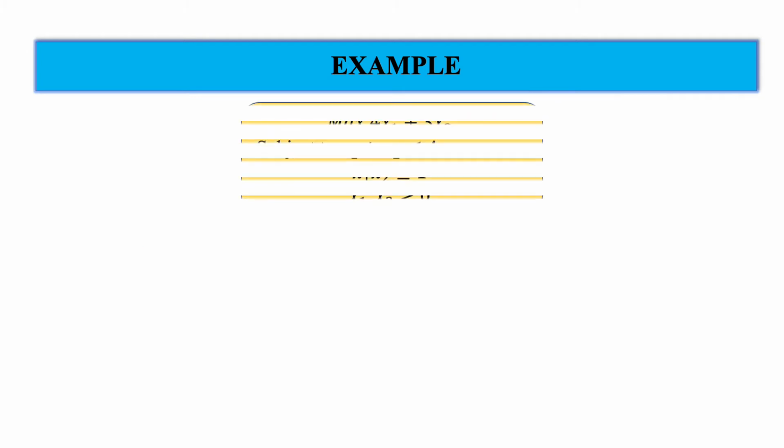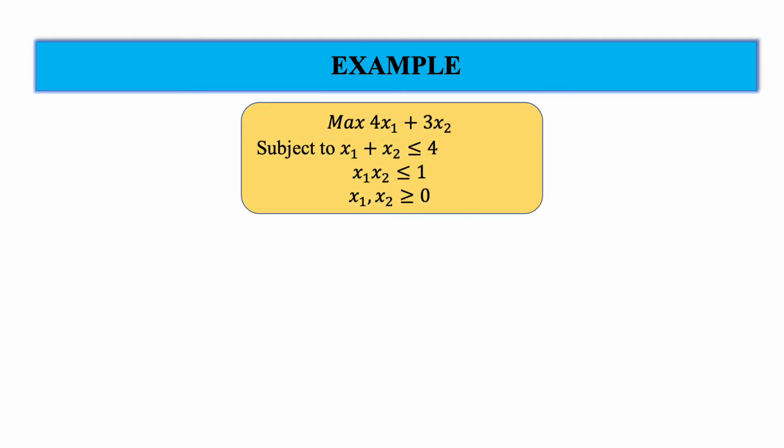Now let's see the second example. The objective function is of maximization type and both constraints are of less than or equal to type. These are my constraints. This objective function must be recalled as minimization first, so we will change it into standard form.